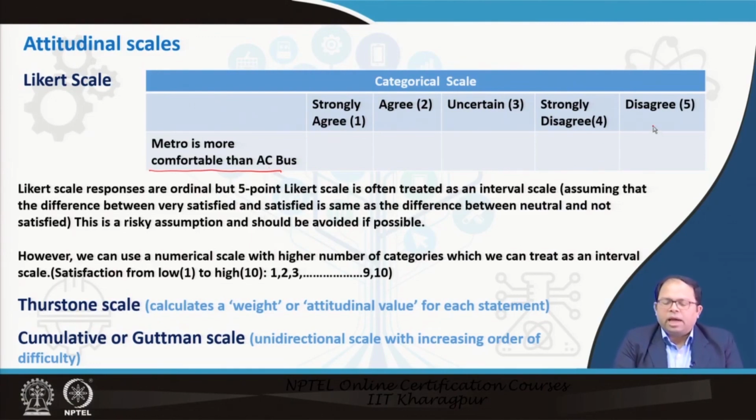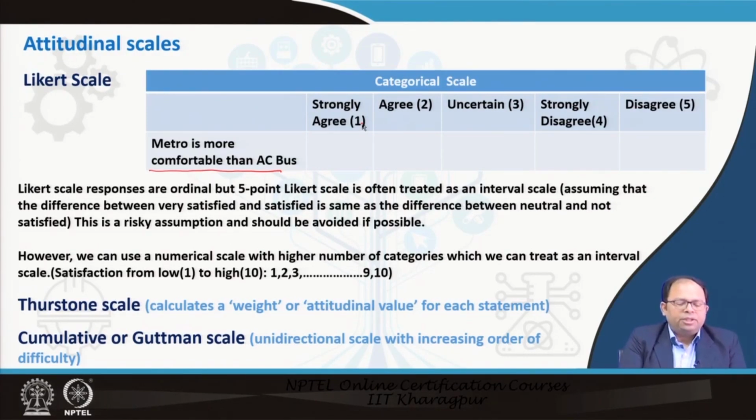I can also put values into that, 1, 2, 3, 4, 5. But of course, the gap between 1 and 2 and 2 to 3 is not necessarily the same. People may feel the difference between strongly agree and agree is a lot, whereas between uncertain and agree the difference is very little. So this can be possible.